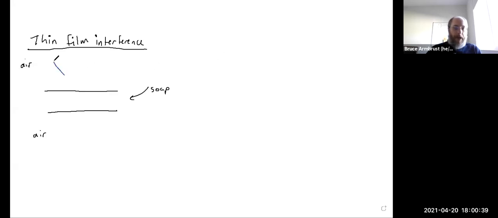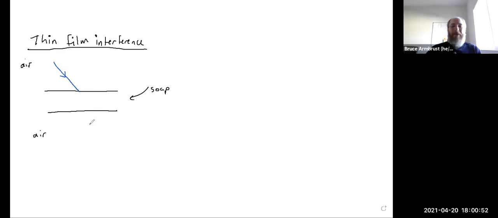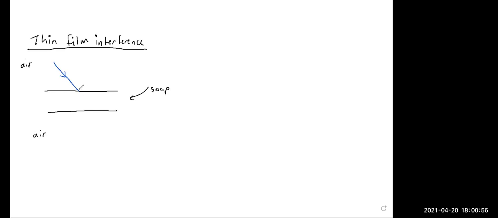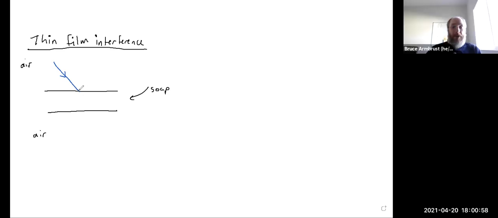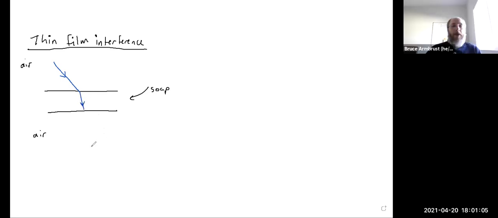So we send a light ray in. What's going to happen to that light ray? Go ahead, Victor. What were you saying? It would change the angle. Okay, so it's going to refract, change the angle, right? So it's going to do something like that. But what else is going to happen?